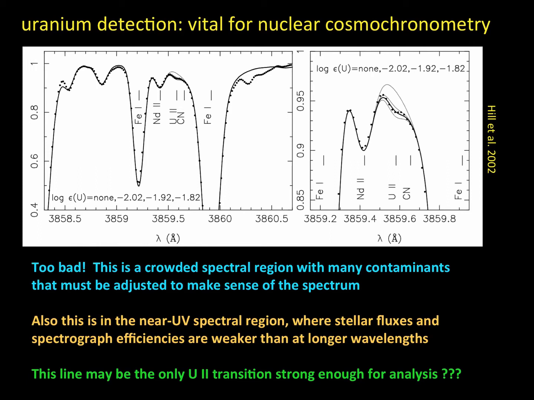That's the breaks, folks. You just can't choose where the atomic physics puts the strong lines and the weak lines. So here is the single line everybody uses, 3859 angstroms. It's in a messy region, but the discovery is irrefutable.